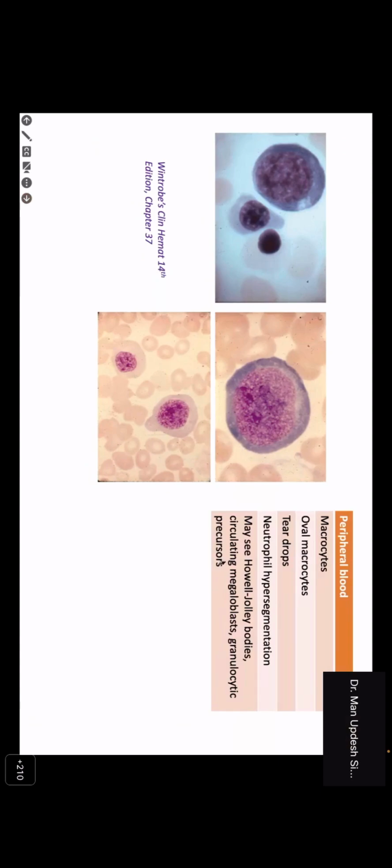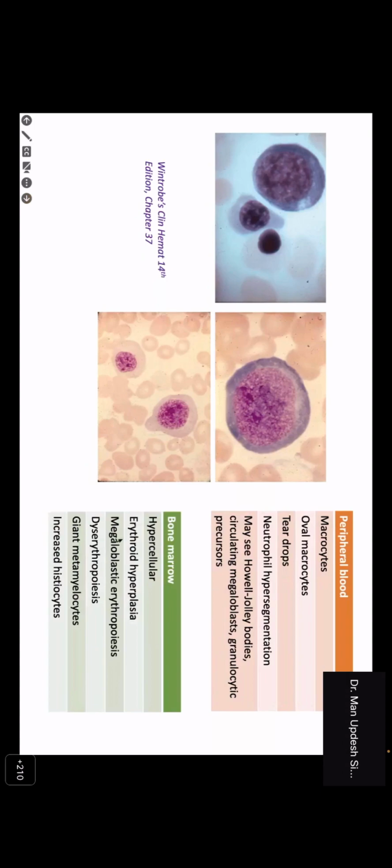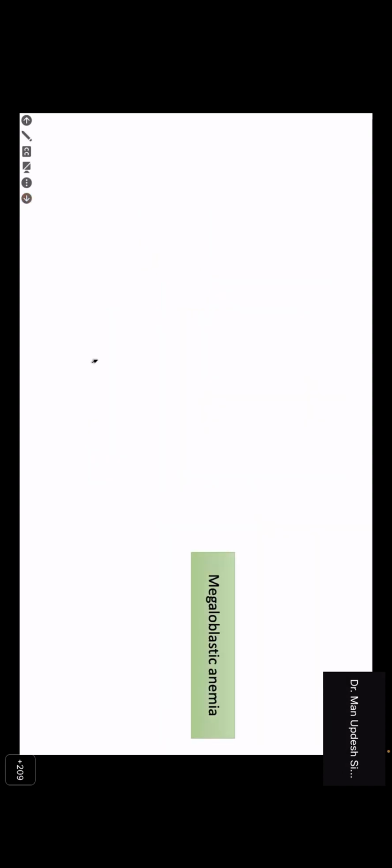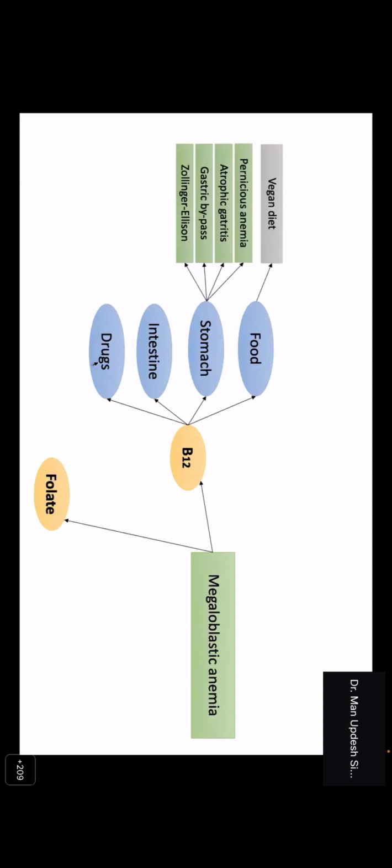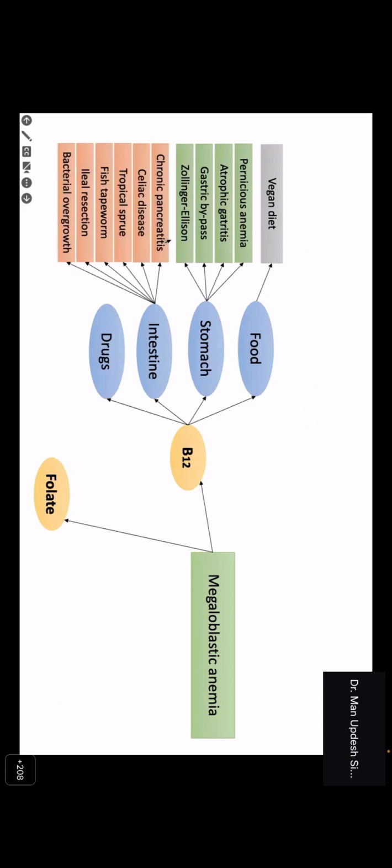Okay, so those are the usual findings in peripheral blood. That's just theory. You can read it off: macrocytosis, oval macrocytes, teardrops, hypersegmentation, and some other findings. Bone marrow, of course, is hypercellular, with erythroid hyperplasia, megaloblastosis, some amount of dyserythropoiesis, giant metamyelocytes, band forms, increased histiocytes because of cell death, ineffective hematopoiesis. So again, theory: B12, folate, there might be causes of food, stomach, intestine, drugs, and various causes. We can go through that, but that's not the purpose.